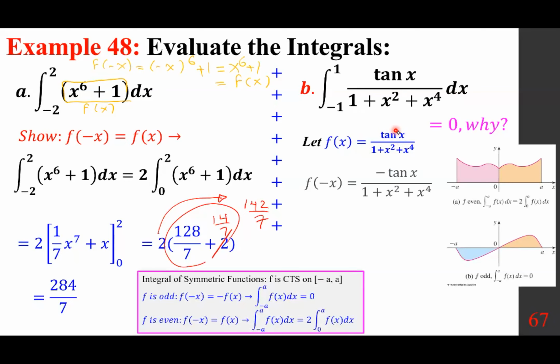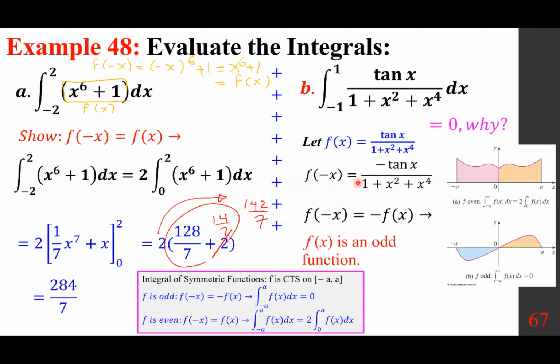I hope you see that. If I replace the x with minus x, the bottom doesn't change, but the top is tan of minus x, or minus tan x, and that is negating this one. You can put a negative in front of a fraction, and it's equal to minus f of x. We proved f of x is an odd function, and therefore it's 0. You don't have to do anything.